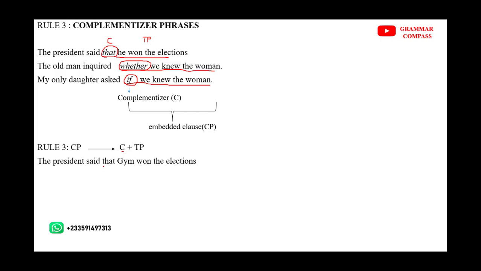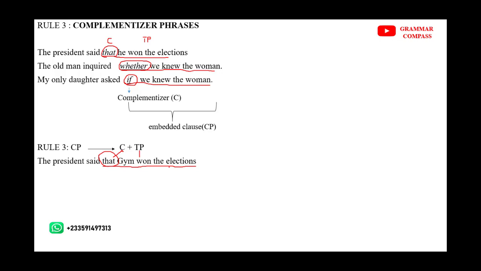Here is our complementizer phrase, that Jim won the elections. Which word is our complementizer? Obviously, it is that. Whenever you have a complementizer phrase, it will consist of a complementizer and then a TP. In this complementizer phrase, our complementizer is that, and our TP is Jim won the elections.